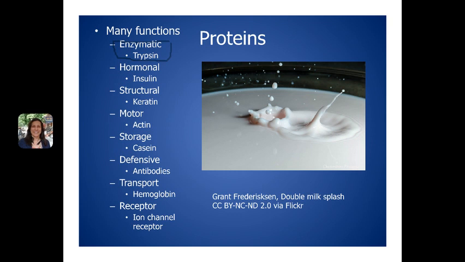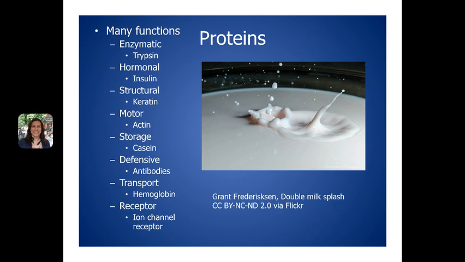Insulin and human growth hormone are examples of protein hormones. Proteins can fulfill a structural function like keratin and collagen. They can be motor proteins like actin or myosin, which help the cell to perform certain movements or help an organism organize cells to perform mechanical motion for the organism.